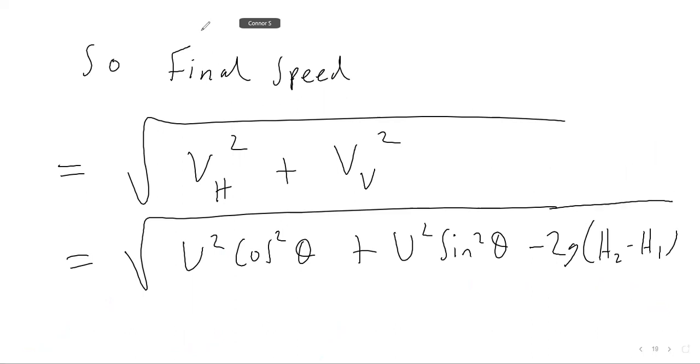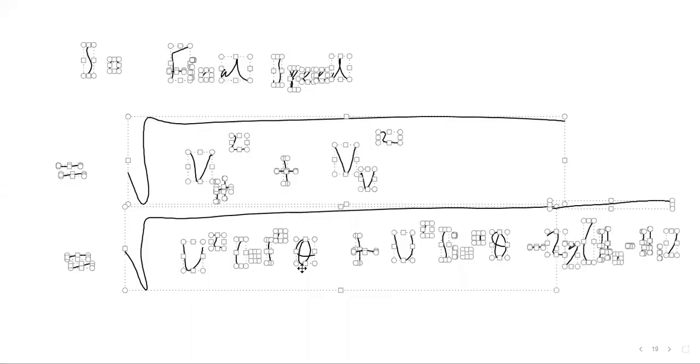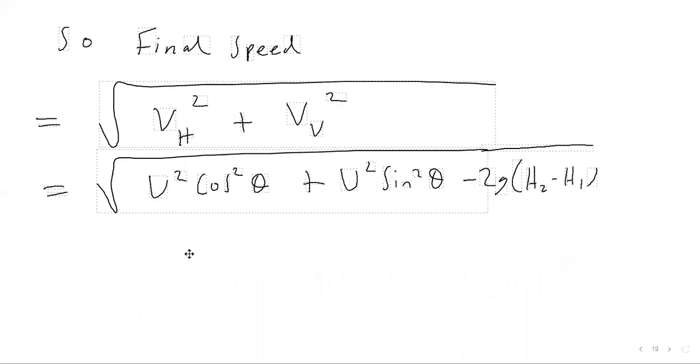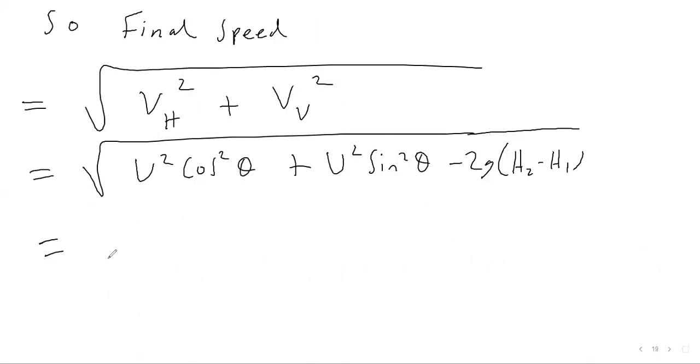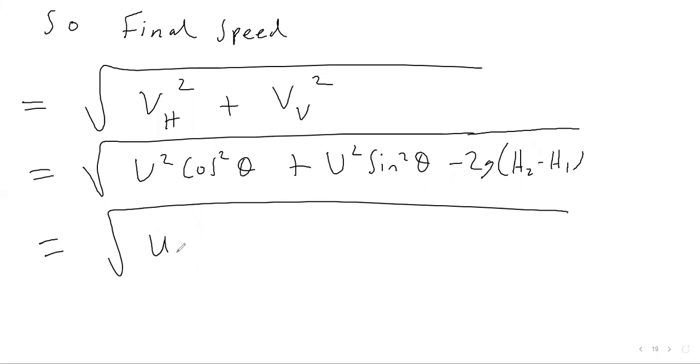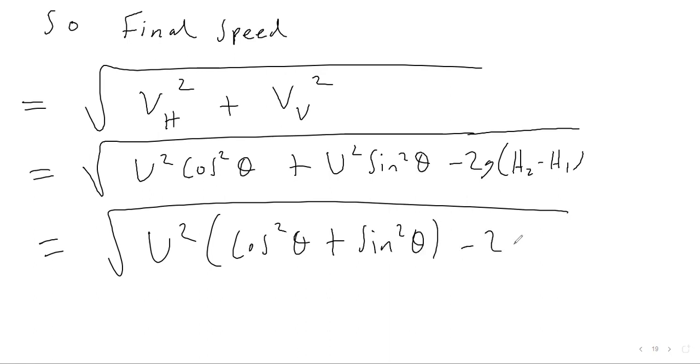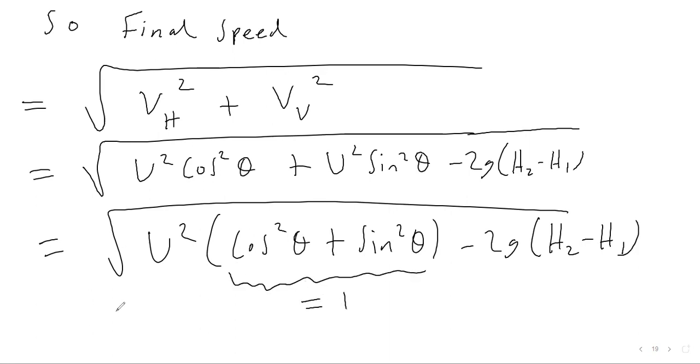Okay, so now we can simplify this a little bit, because you may notice a trig identity. What we've got here is u squared; let me just do capital U instead. If we factorize out the u squared, times cos squared plus sine squared, take away 2g(h2 minus h1). Now, obviously, cos squared plus sine squared is equal to 1, so hopefully you definitely know that identity by now.